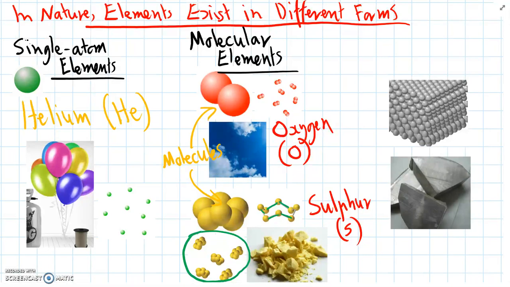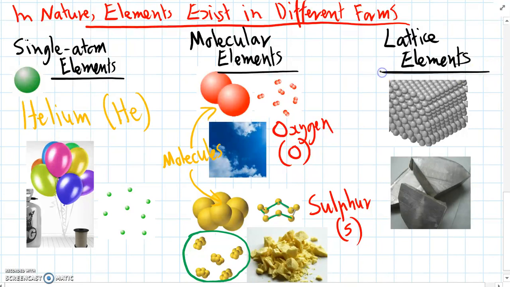Lastly, some other elements, they prefer to be joined in something called a lattice. And this is really common for metals. So we can see here, a lattice is just a repeating grid of lots and lots of atoms all joined together into one big block.